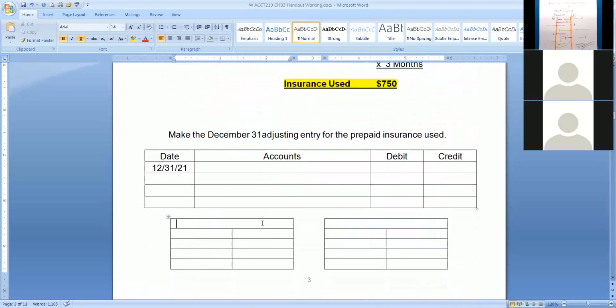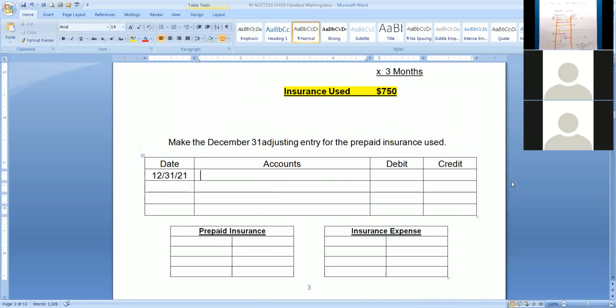Coming down here, this stuff will be all the same. So prepaid insurance. Okay, and the account's going to be the same.